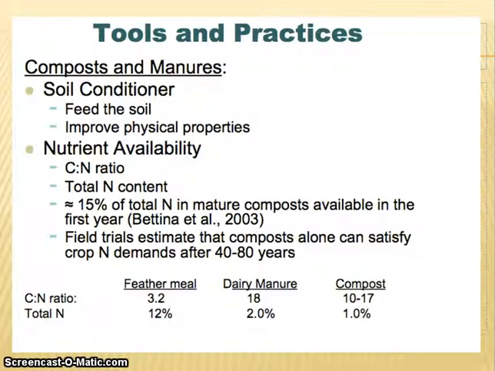Rather than composting these and then applying the compost to the soil, these materials would just be left in the field to decompose over time. Or manure, either composted or directly deposited by grazing animals in seasons when the field is not planted with a crop. Composts and manures also act as a mulch, protecting the soil, in addition to providing nutrients to the soil.